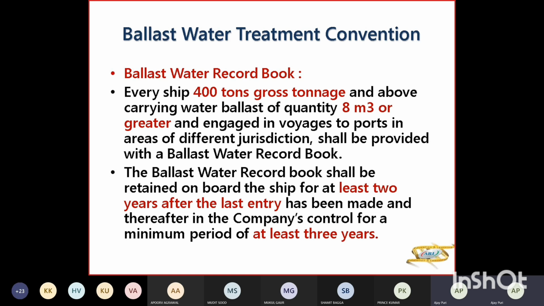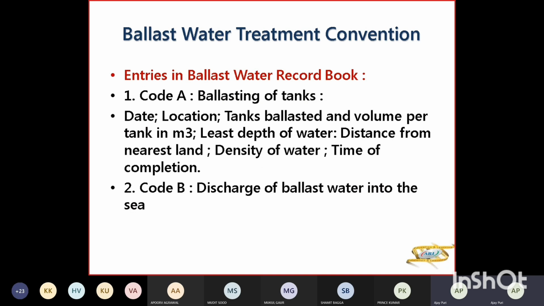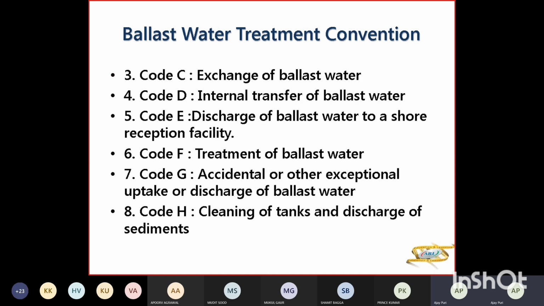Now, what are the entries in ballast water record book? Code A is ballasting of tanks: location, tanks ballasted, and volume per tank in meter cube, least depth of water, distance from nearest land, density of water, time of completion. Code B will be discharge of ballast water into sea. Code C will be when you have ballast water exchange.